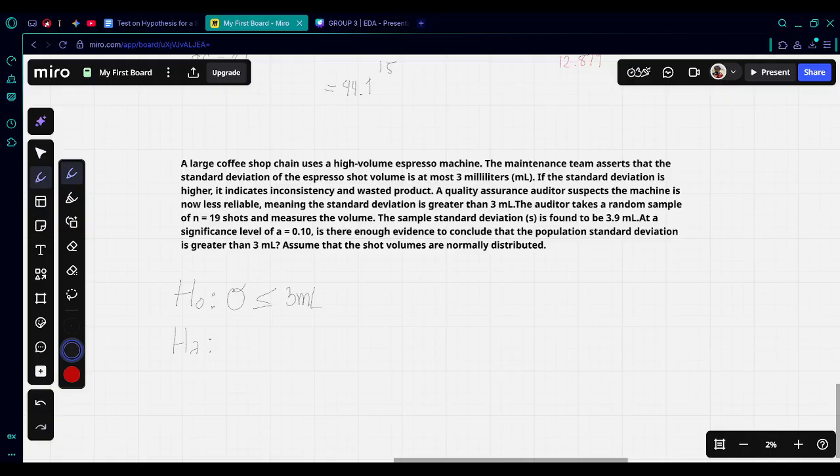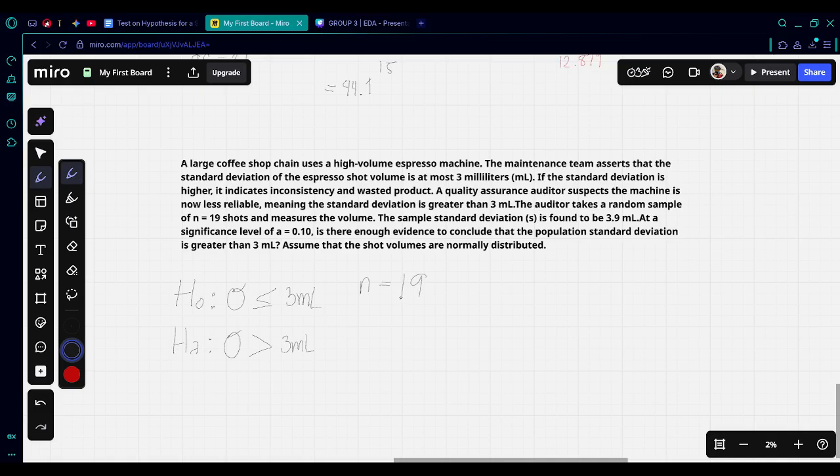So our alternative hypothesis is that the standard deviation is greater than 3 ml. After we determine the null and alternative hypotheses, we will now determine our sample size, which is n. It was stated in the problem that n is equal to 19.